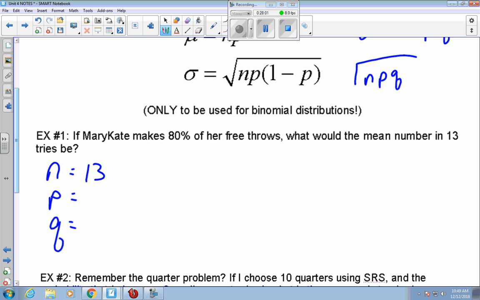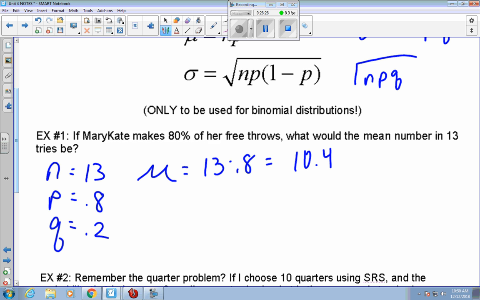What's p? 0.8. And your q? 0.2. The mean? Your mean is n times p. So 13 times 0.8, 10.4. That's your mean. That's just your mean. Okay, that's all they're asking for.